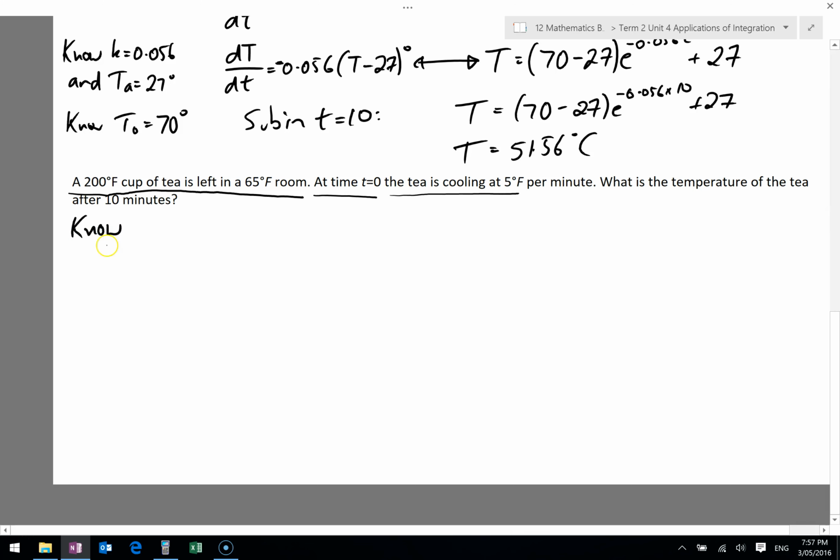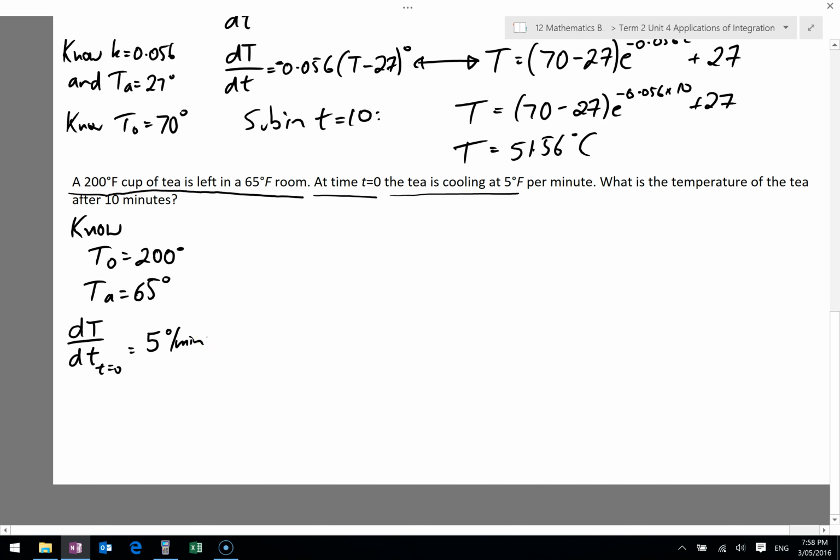I know that the initial temperature is 200 degrees. I know the ambient temperature is 65 degrees. And I know that the rate of change of temperature when t equals 0 is 5 degrees per minute.